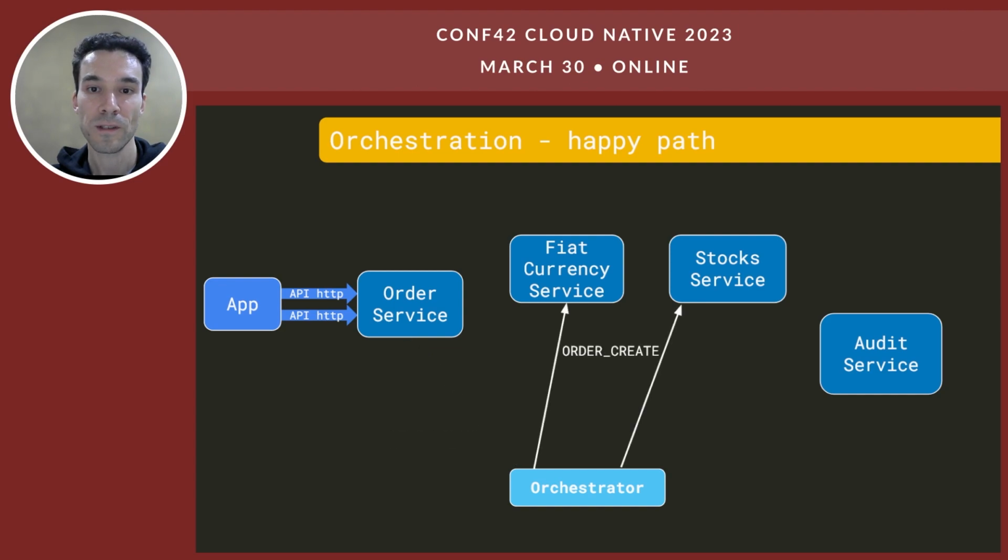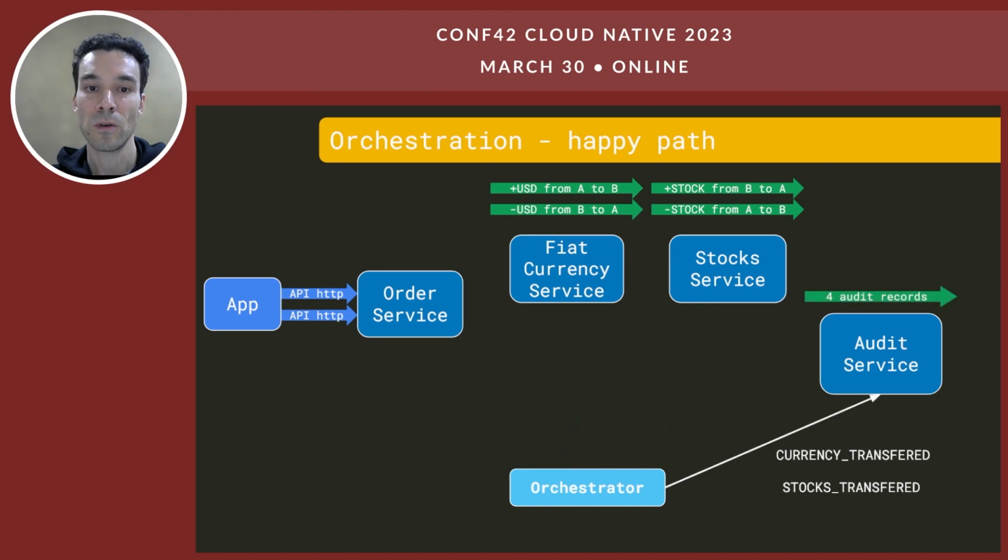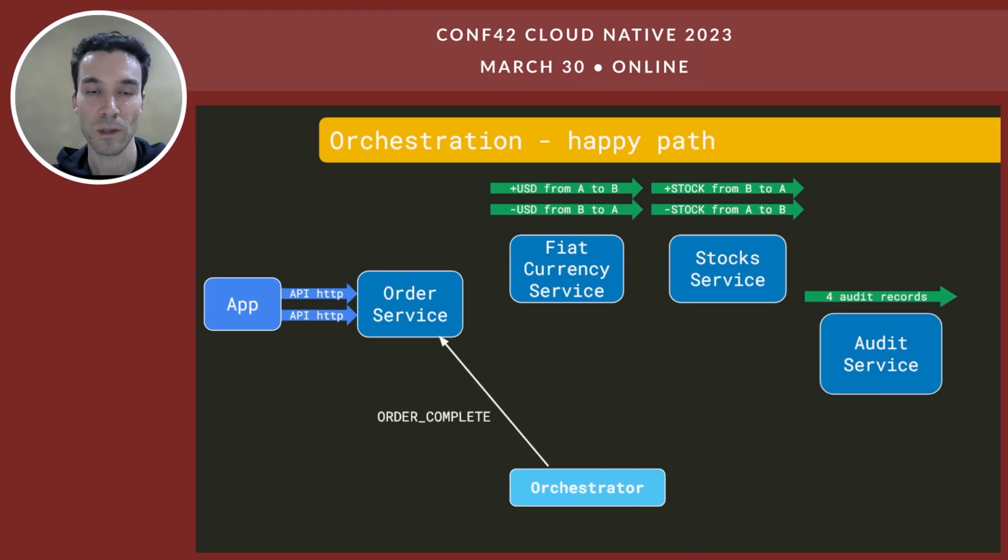The orchestrator then notifies currency and stock services that are required to perform transfer operations. Once complete, both services report back to the orchestrator that everything is okay. The orchestrator sends an event to the audit service for stocks audit records and then for currency audit records. And once everything is reported as OK, the orchestrator will notify the order service that the transaction is complete.